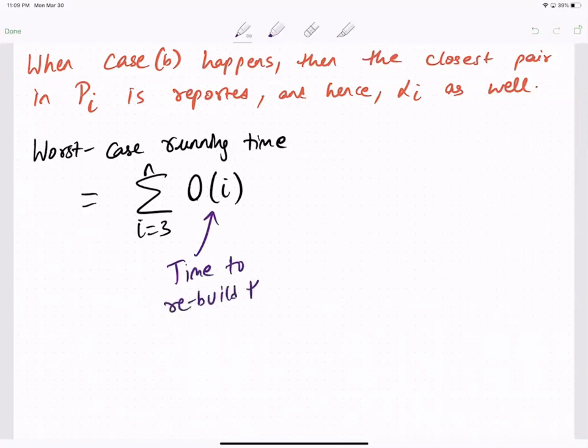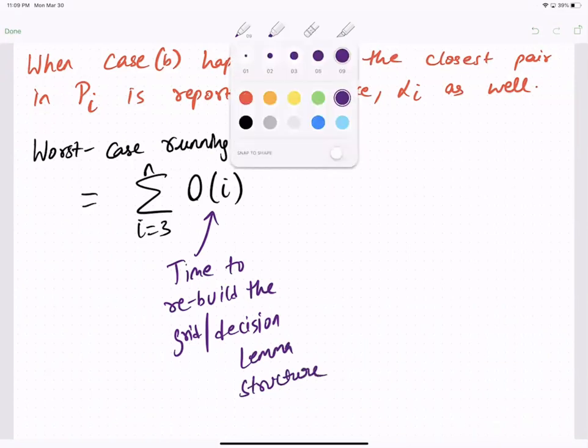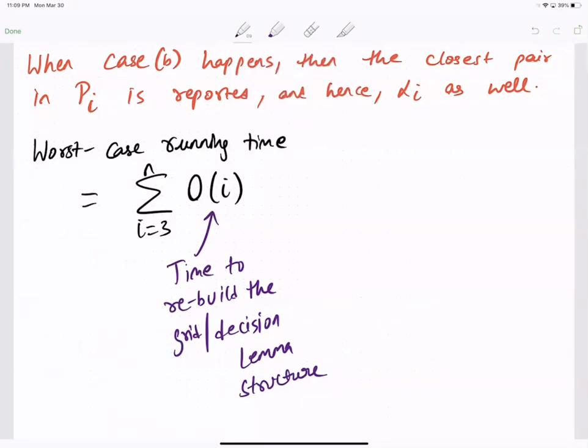Rebuild the grid, the decision lemma structure. So every time you have to rebuild, there are i points in your data set till then, the set Pi. So you have to rebuild based on that. If you do this summation, this will be order of n squared, and that is very bad, right?